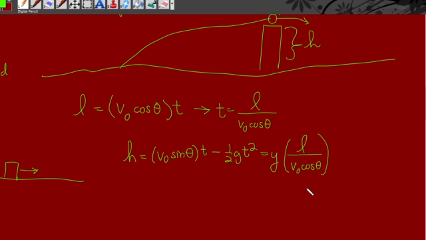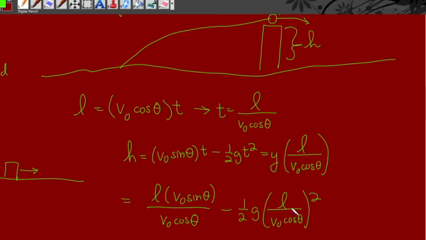And if we do that, for our first term we get L V naught sine theta over V naught cosine theta minus 1 half G L over V naught cosine theta squared.